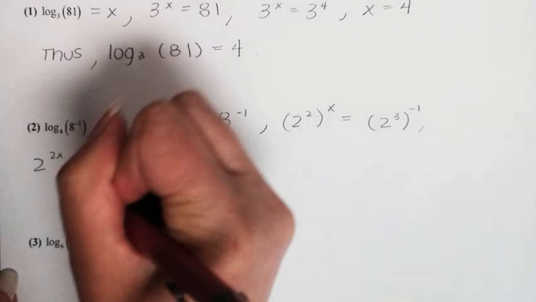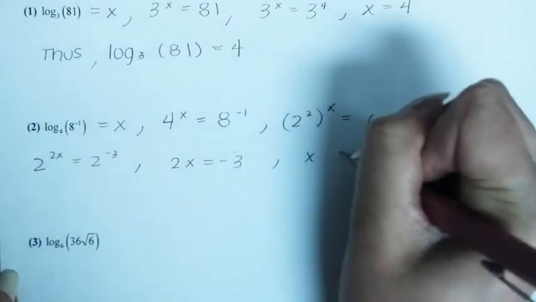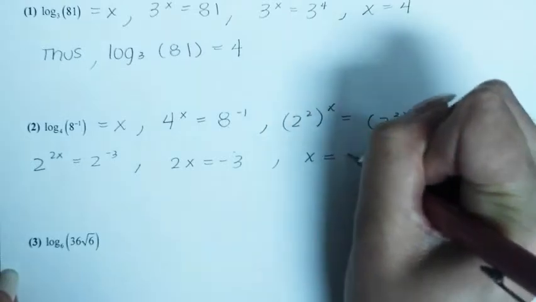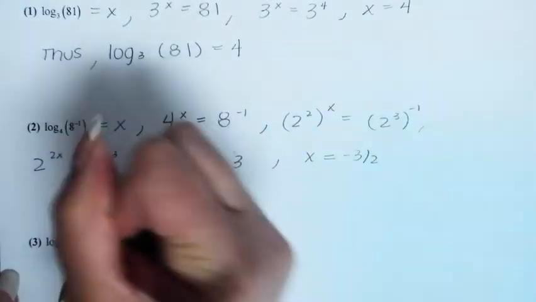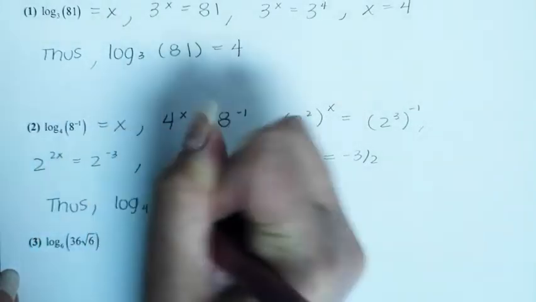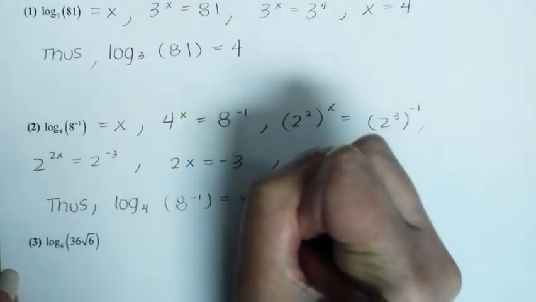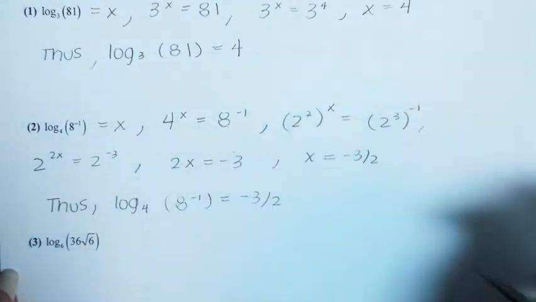Having the same base, you can equalize 2x to negative 3, and I'm pretty sure you already saw that this is x equals negative 3 over 2. This means that when you evaluate log base 4 of 8 to the power of negative 1, this is going to give you negative 3 over 2.